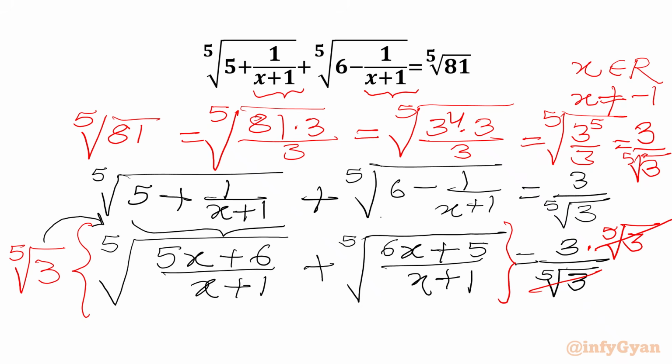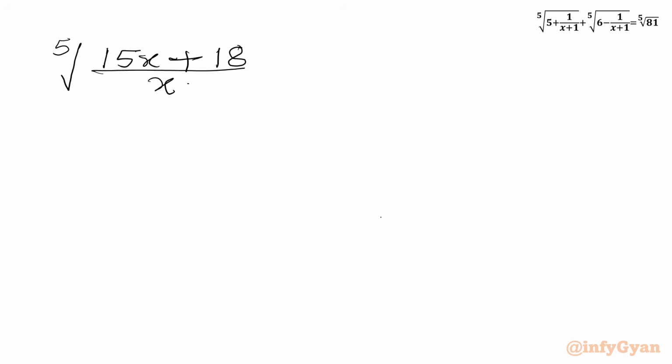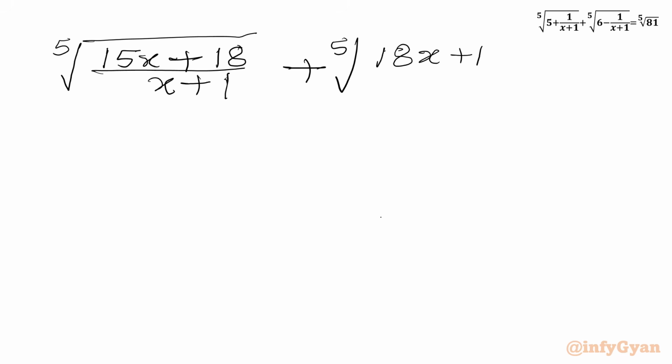We will get fifth root of 15x plus 18 over x plus 1 plus fifth root of 18x plus 15 over x plus 1 equal to 3. Now we will use substitutions.